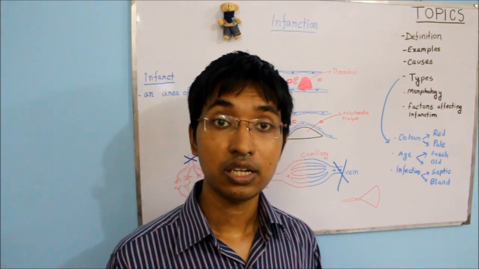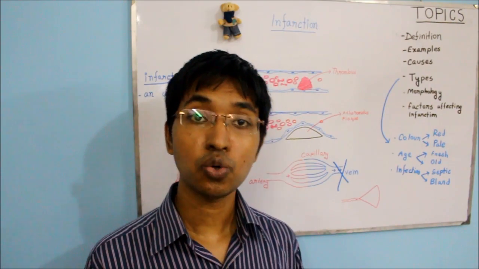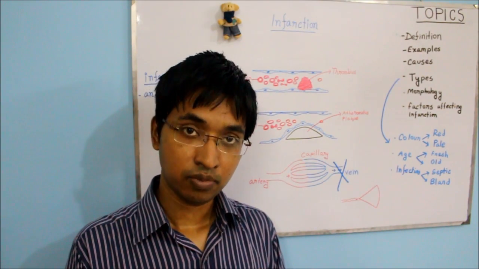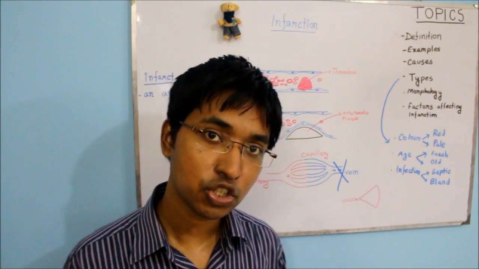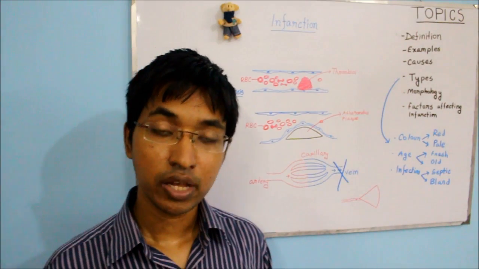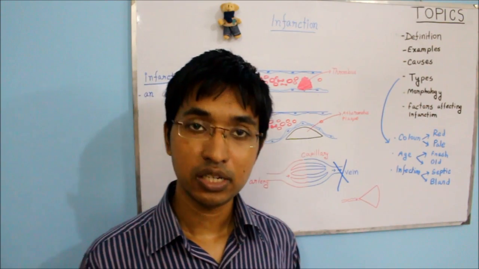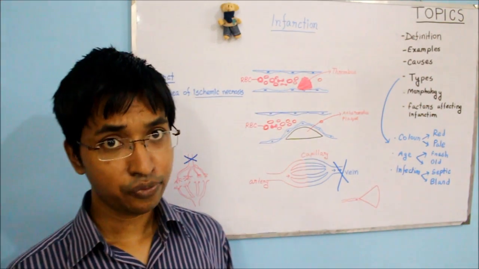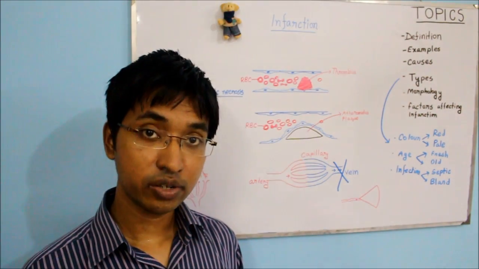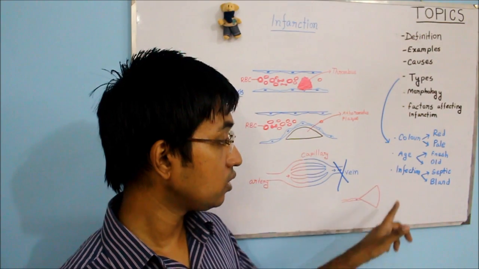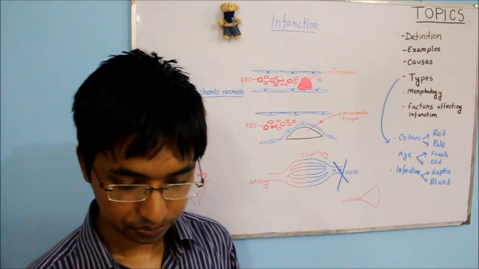They will attract neutrophils, they will attract other inflammatory cells, and then those cells will come out from the blood vessel and go to the site of injury and cause inflammation and congestion. So that is an important morphological feature that we will see in older infarct. So I'm repeating again, fresh infarct will be poorly defined and slightly hemorrhagic, whereas older infarct may have a well-defined margin as a result of congestion due to inflammation.